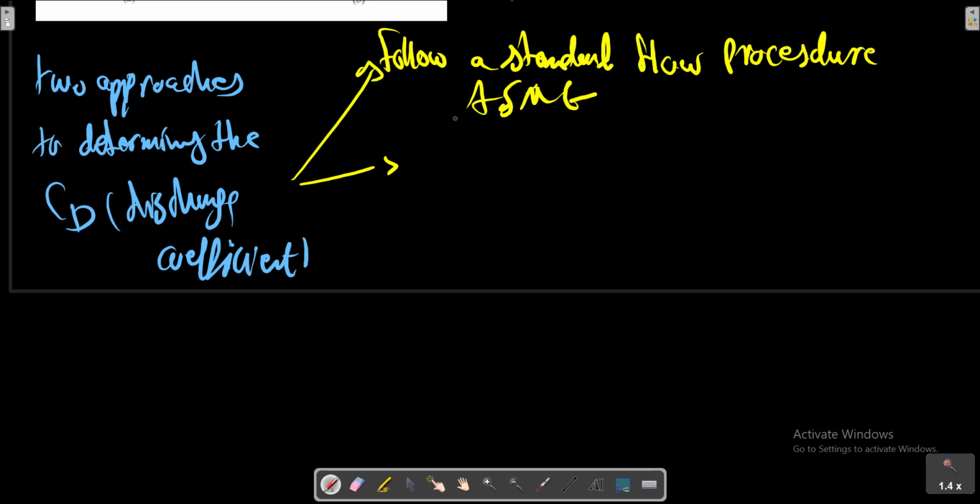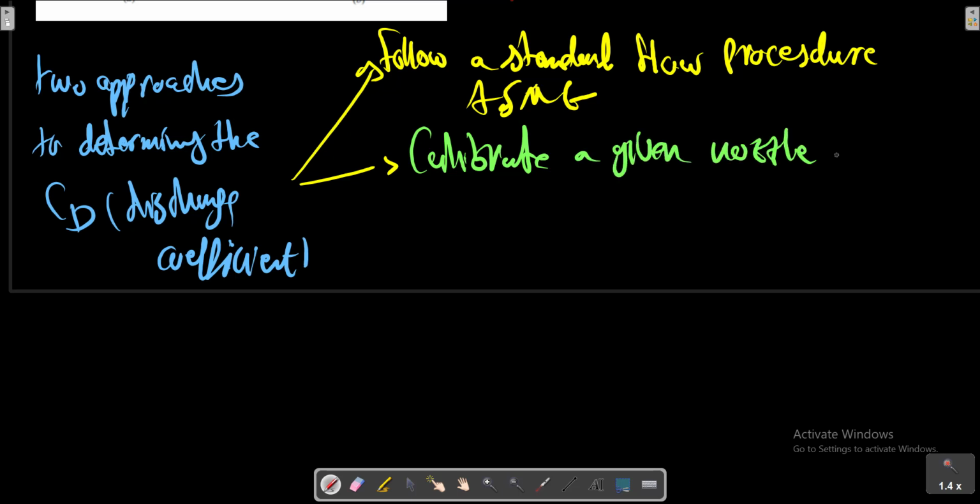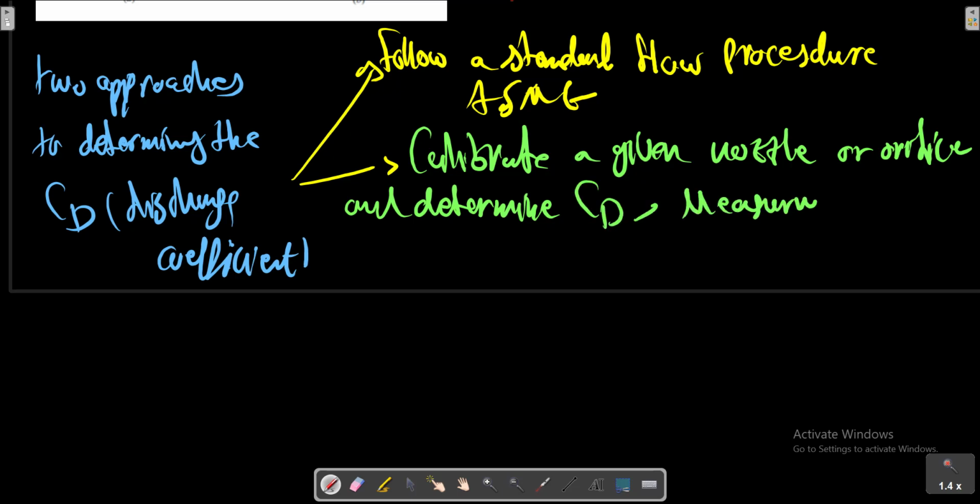The second one is to calibrate a given nozzle or orifice and determine the discharge coefficient for a given installation by accurately measuring the mass flow, m dot.